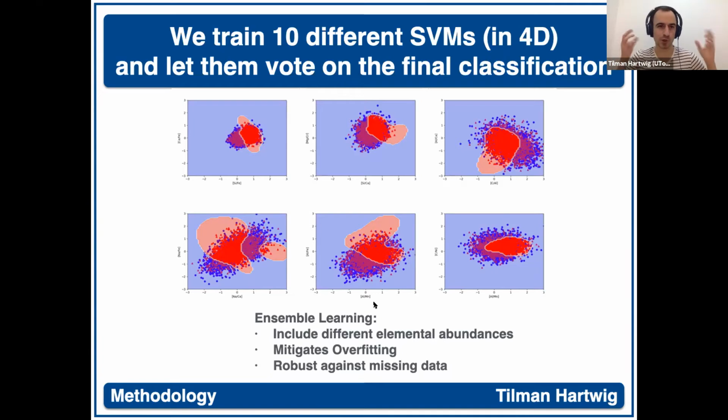This is called ensemble learning because we have an ensemble of classifiers that then eventually vote on the final classification. Again, these are just 2-dimensional projections because it's difficult to visualize 4 dimensions. So it's not the quantitative message that is important here, but the qualitative idea that we do these classifications in abundance space.